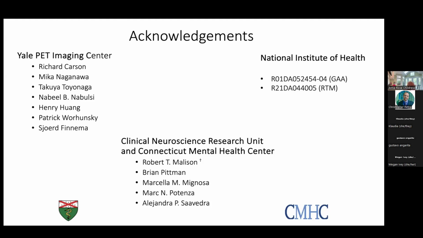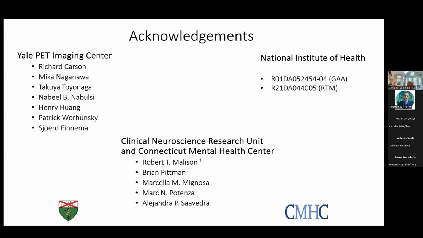Are you looking at the 18F version, the synaptic vesicle tracer? Not on this one, mainly because hopefully down the road one idea would be to combine this with the older cohort, but also to combine with the studies on alcohol, cannabis, and opioids, so we can have a large comprehensive data set across substance use disorders.